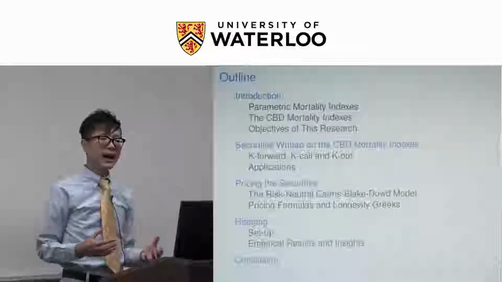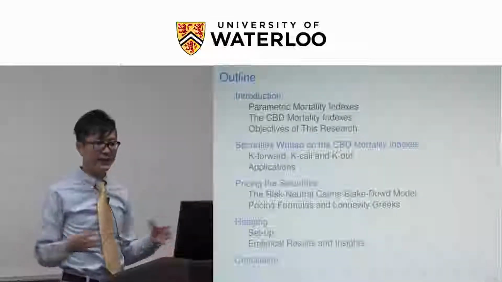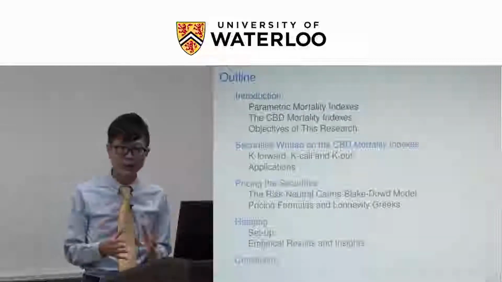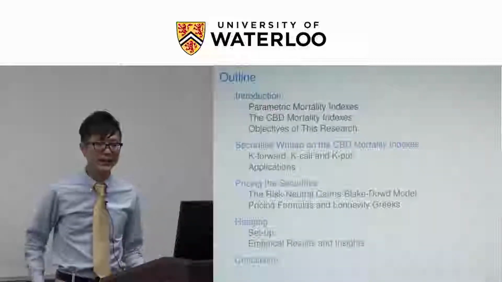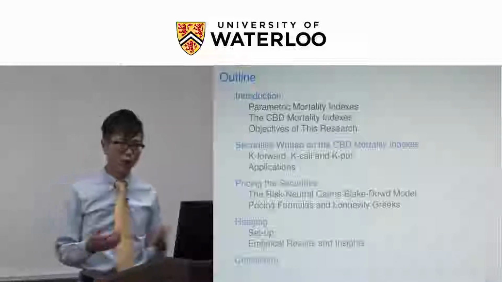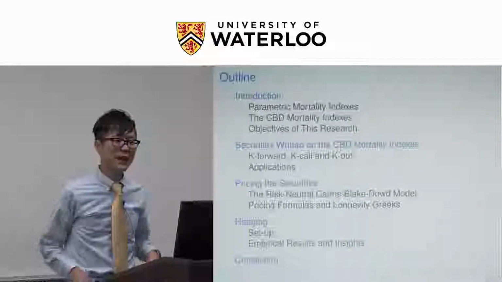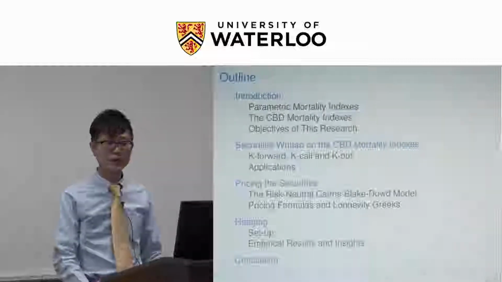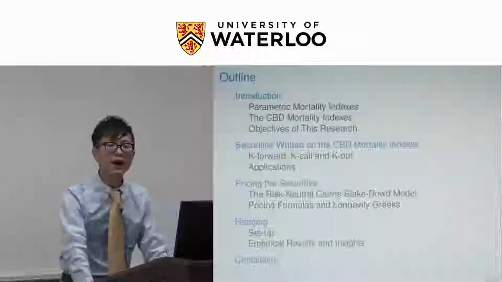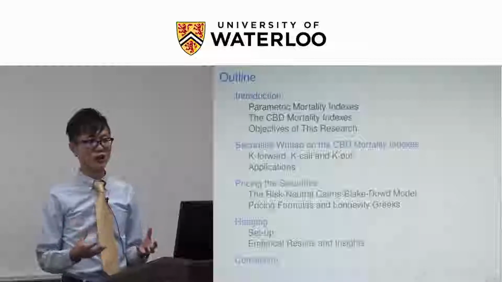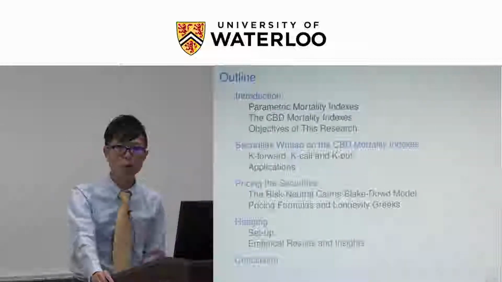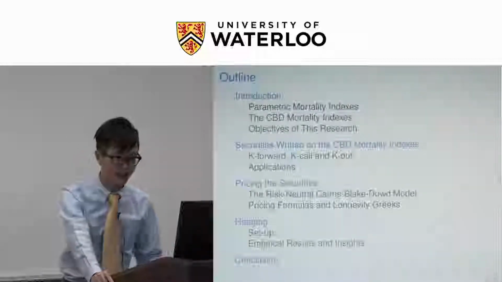All right, and then I will explain some securities that may be written on the CBD mortality indices. These include K-forwards, K-calls, and K-puts. And I will also explain how they may be applied for risk management purposes. All right, given these security structures, I will explain how we may price these securities.